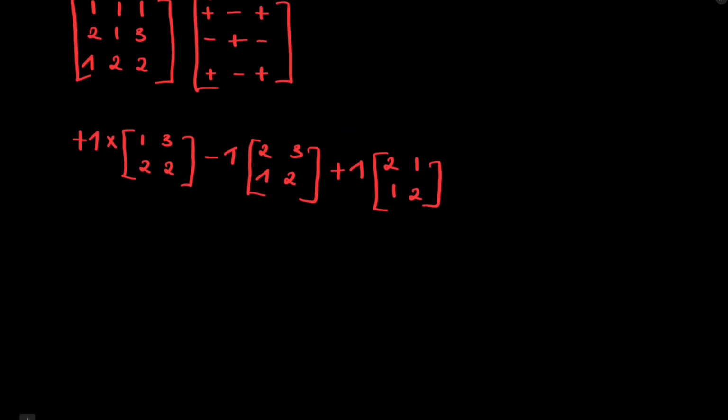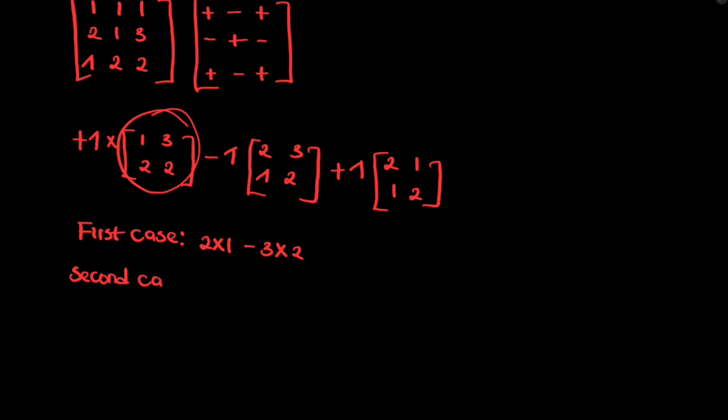So now we are taking their determinants separately. So the first case, I'm going to go slowly. Let's find the determinant of each first in order not to confuse. So we take the determinant of that first, which is 2 times 1 minus 3 times 2. The second case, it's 2 times 2 minus 3 times 1.